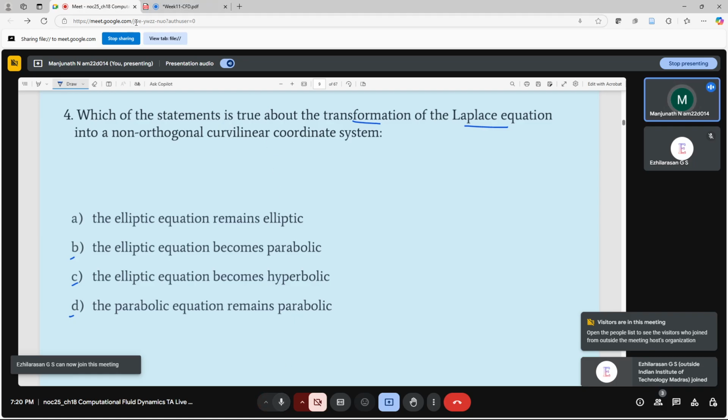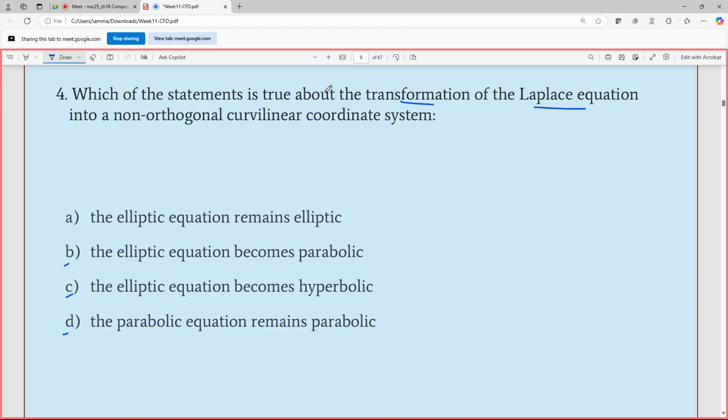So the question is asking, when we are transforming Laplace equation in a non-orthogonal, that is, the coordinate system is non perpendicular and it is converted to a curvilinear coordinate system, then what will be the effect? What is the effect of the transformation in the equations?